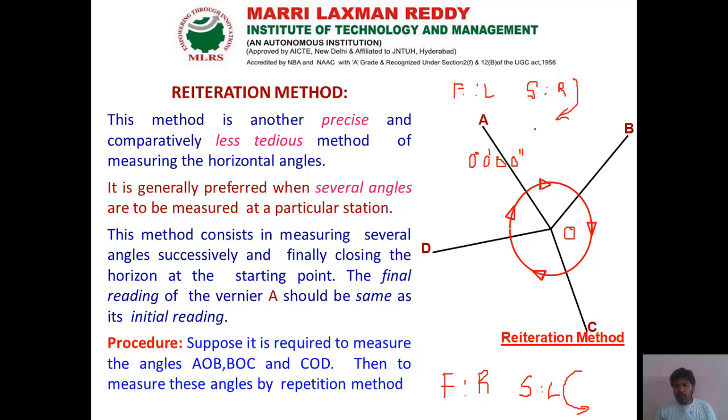Now we focus on and bisect point B accurately and tighten the upper clamp screw, so that the reading changes from 0 degrees to, for example, 80 degrees, 0 minutes and 00 seconds.